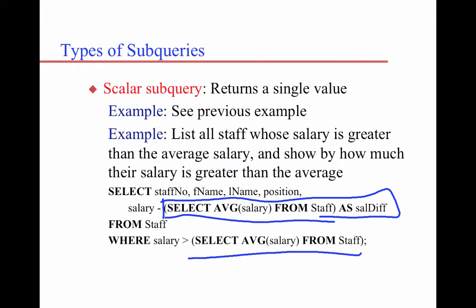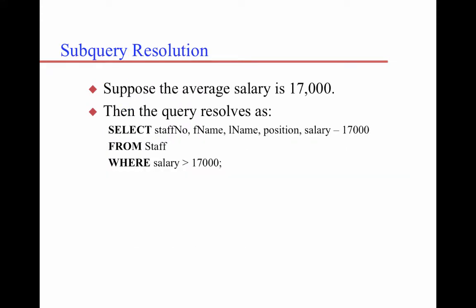So we end up with, for example, if this average is 17,000, a query that resolves to the one you see there, where 17,000 has, in each case, been the result of evaluating the subquery.